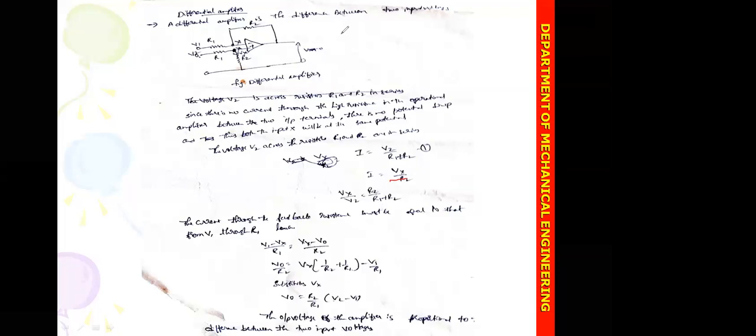Okay, now here, if you see in this circuit, R1 and R2 are both connected in series.